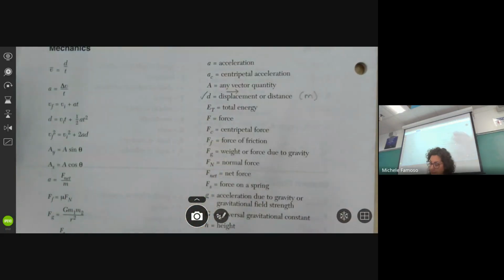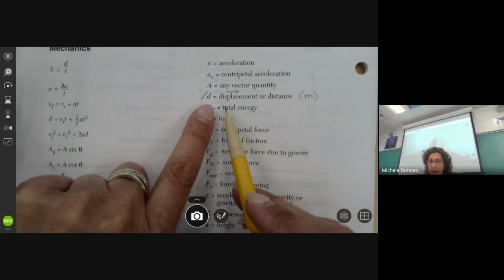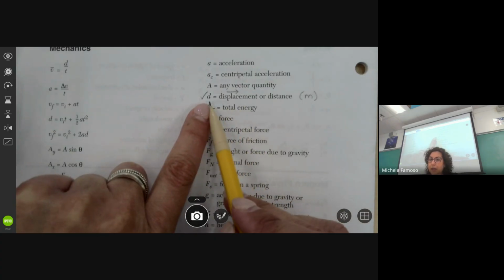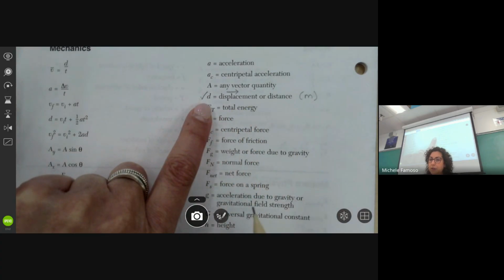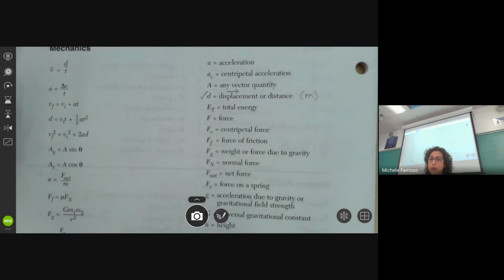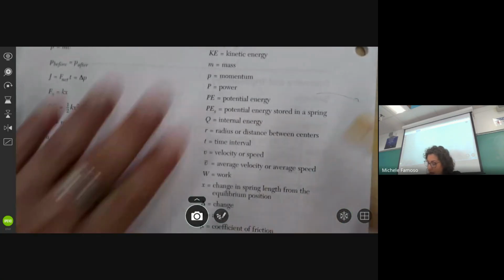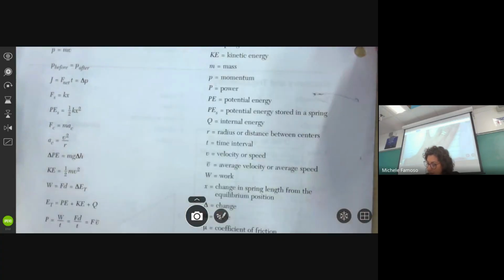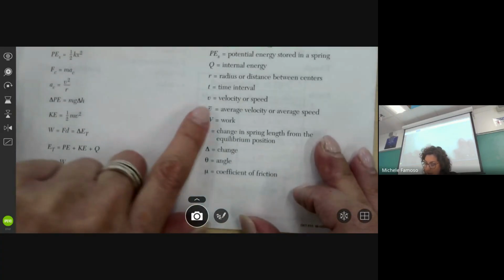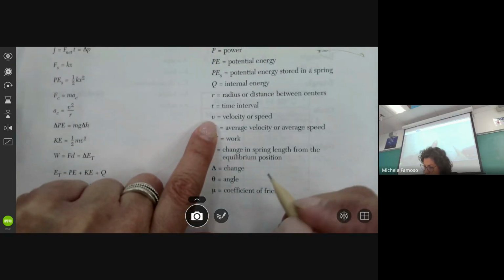Okay, let's start in the right-hand column. So today, well, we used the letter D for displacements or distances. We have 2 additional ones we're going to check off today in the right-hand column. We're going to check off the letter V. Do you see it here? V.